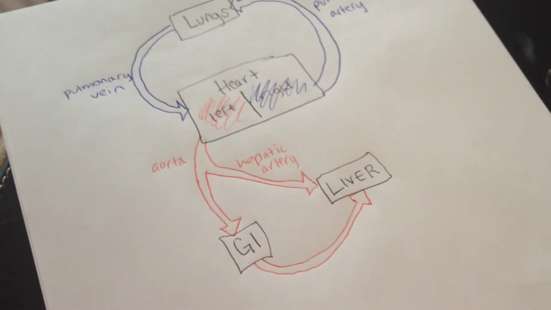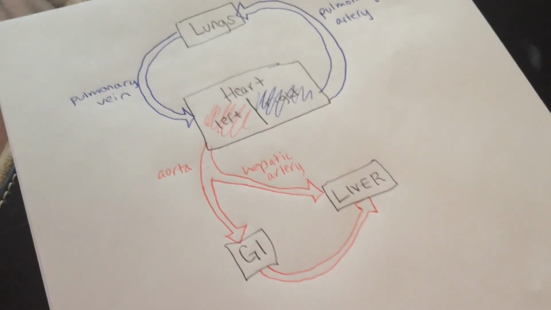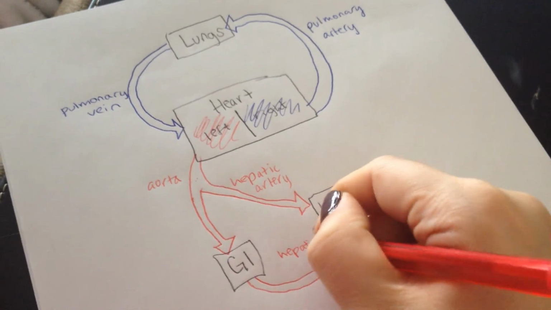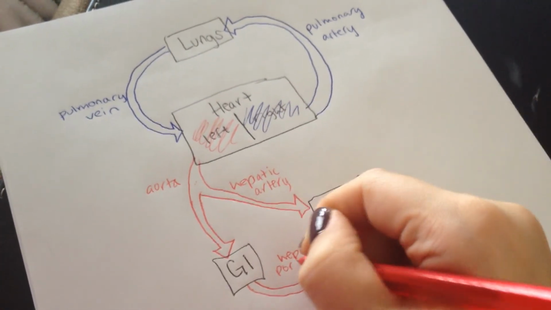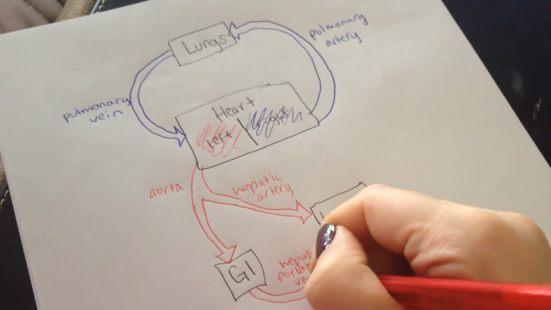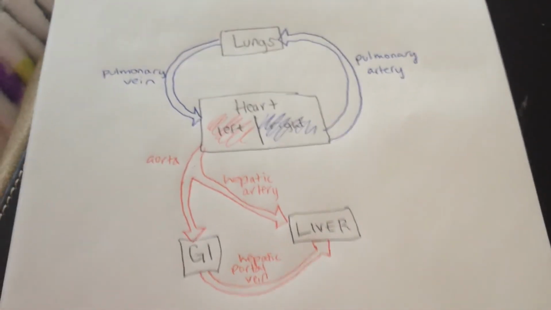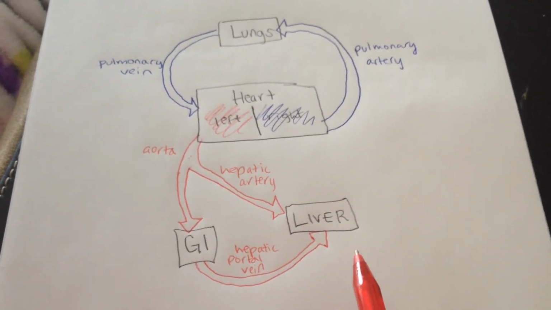Again, the word hepatic because it's going to the liver. So I'm just going to put that down here, hepatic portal vein. That's referring to this pathway. So it's going to go ahead and go through the liver to be detoxified.